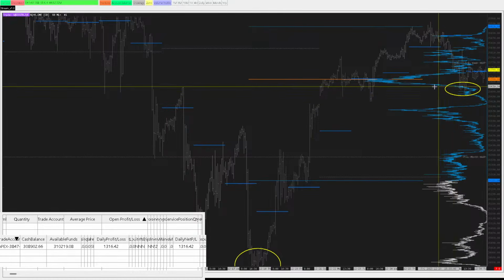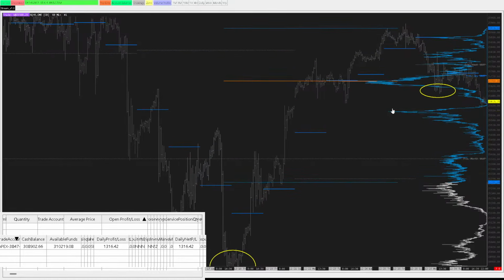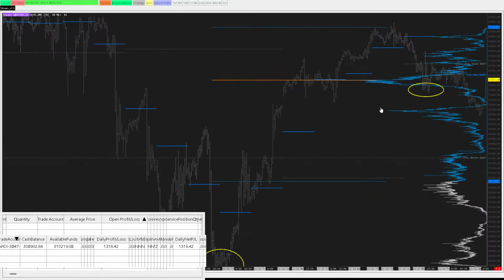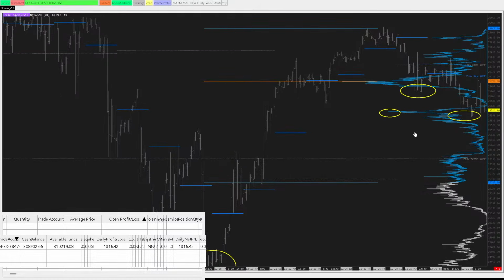I like to buy these sharp edges in volume. So again, this is an hourly chart, so that would have been an area that you could have bought. Now if it passes through that, so what do we get right here? We get a little bounce, and where does it happen at? Right at this little point of control.